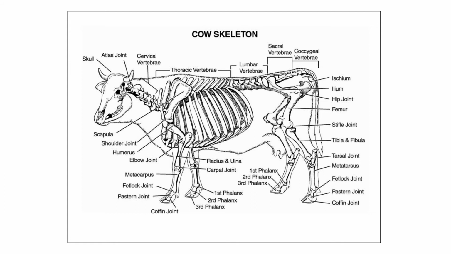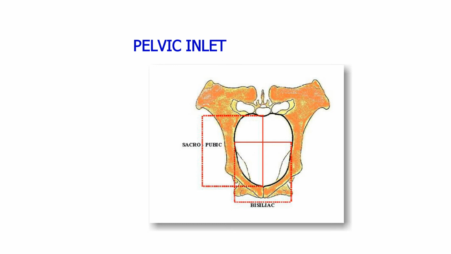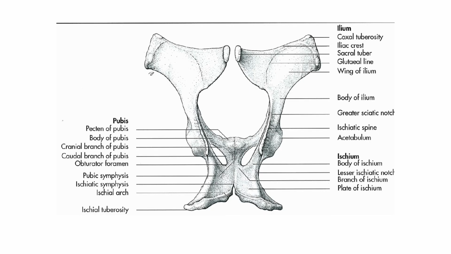This is the whole skeleton. As you can see, all the important points are written on this. You can remember that. Now it's os coxae. As you can see, all the important points are written. This is ilium.